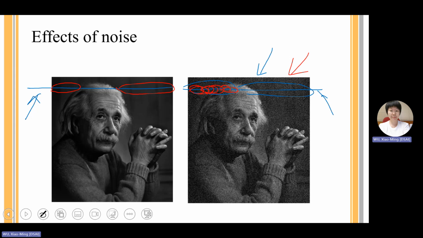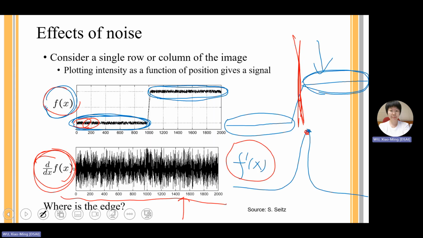In this case, image derivatives fail to indicate significant changes in function values, because nearby pixels also have very different image intensity values.